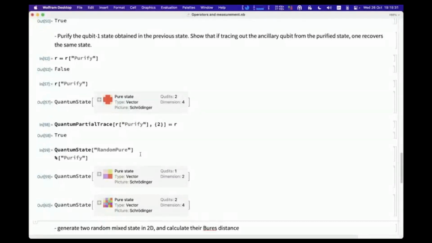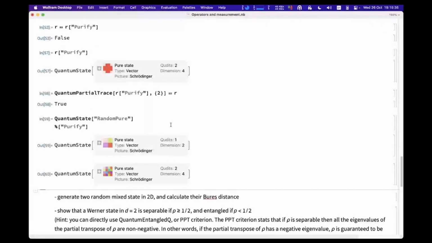Let's put it in this way. Just a quick comment. Remember, when you purify, when you go to a higher dimension, the amplitudes are basically the square root of the amplitudes that we have in the mixed state.